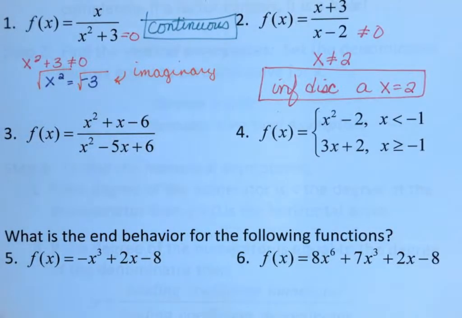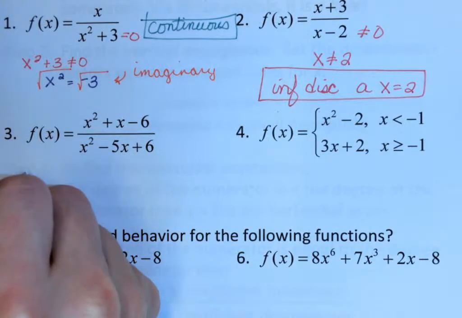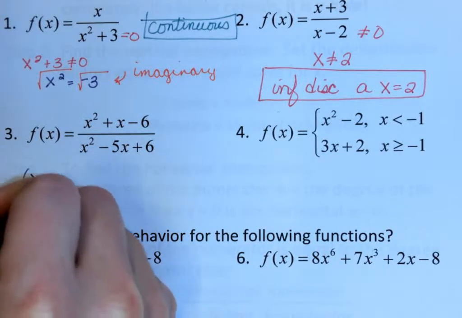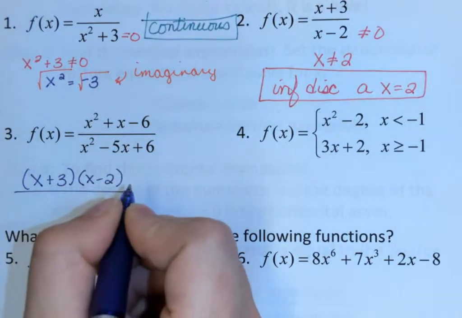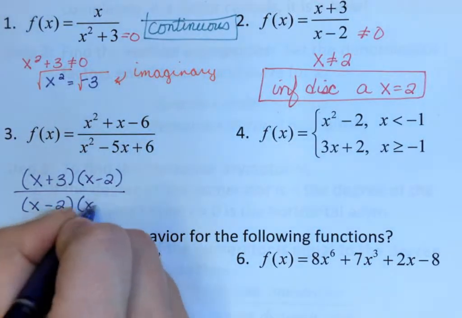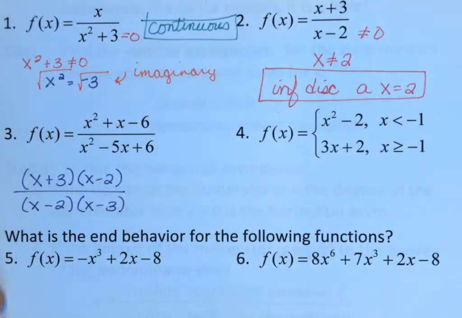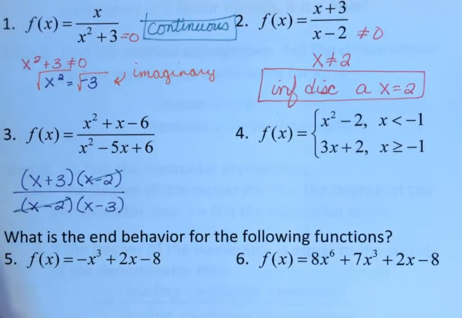What do I need to do with number 3? Factor. So how does the numerator factor? Beautiful. Watching those signs, it's always a bit of a doozy. And the denominator? Okay. And again, we're looking to see, okay, what's going to cancel out? Those are going to cancel out.